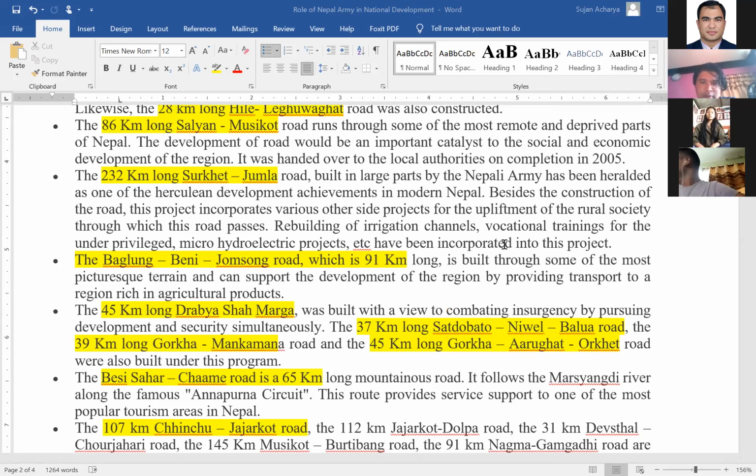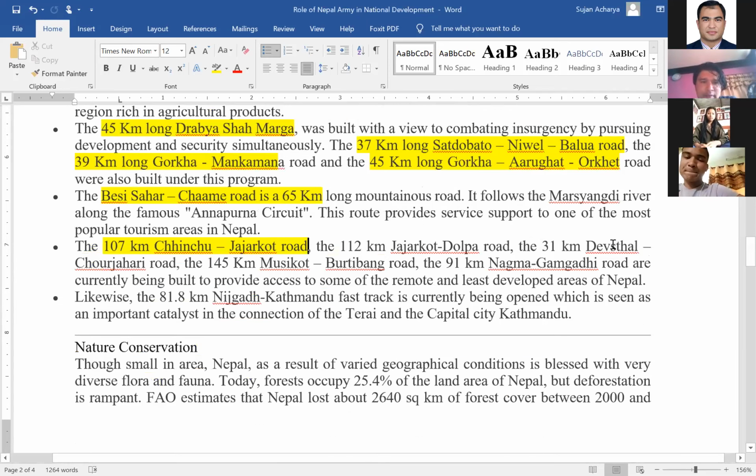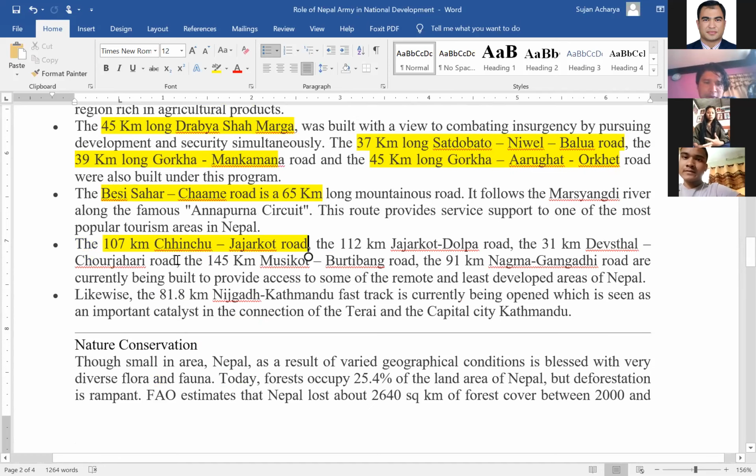So you don't have to memorize all of this, but 4 or 5 of these pieces of information, then you have one paragraph. Another 4 or 5, another paragraph. If you memorize 7 or 8 of these, you already come up with 2 paragraphs.